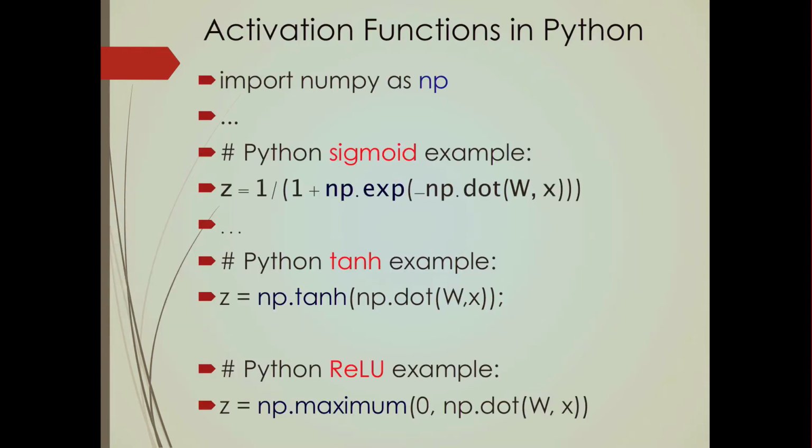So in Python, if you look at sigmoid, that is pretty much the formula that you saw before. Look at tanh. It's actually called tanh, conveniently. And ReLU is the maximum of 0 and that number. Fine. By the way, that point at 0 is continuous but not differentiable. Minor little detail there.